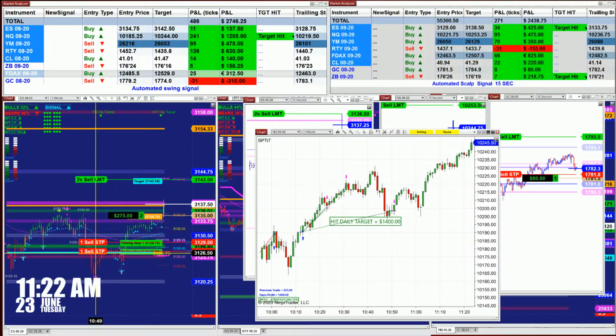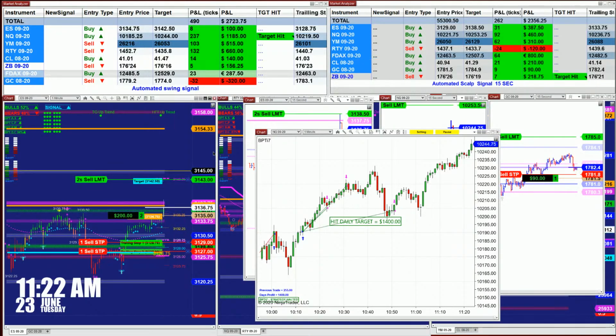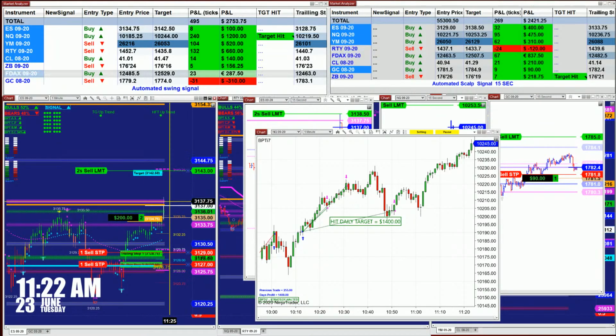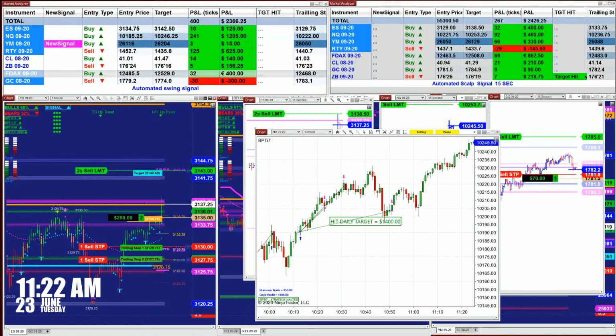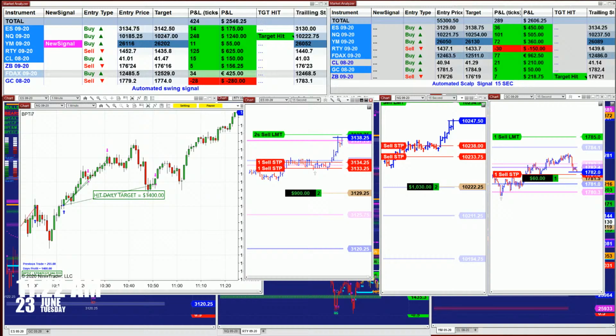This was the key when we started at 9:30. The ES couldn't break that area, the 31, 34.75, and it's still struggling at 31, 37.75. Once we break that one also, it's going to be fun.